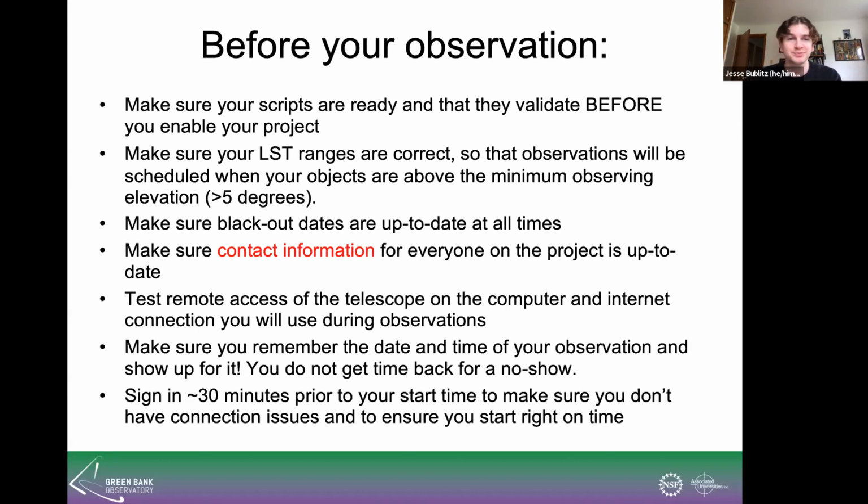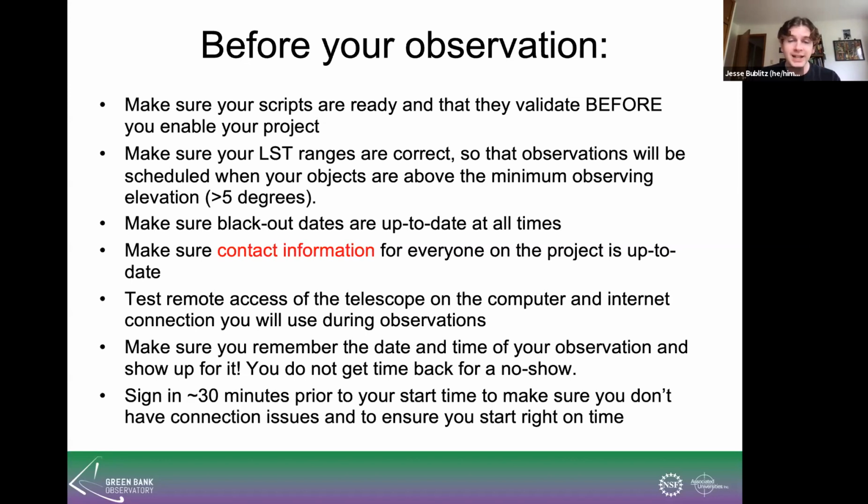There are a lot of really general things that it's important to double check, like making sure that your LST ranges are correct, so that you can actually be observing your object in the time that's been scheduled, and you're not wasting the telescope's time or your own time waiting for a source to rise.